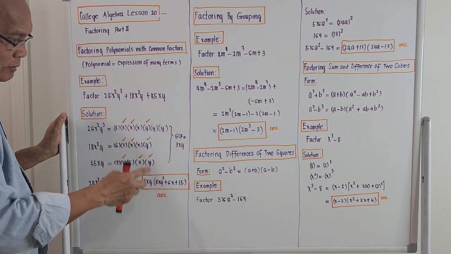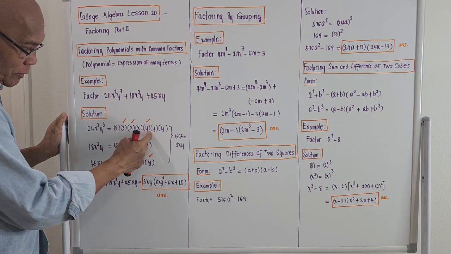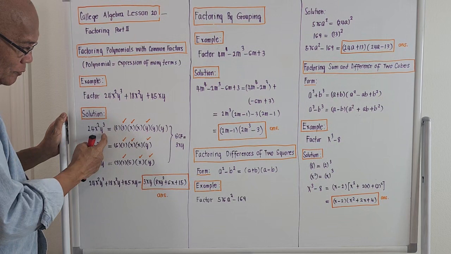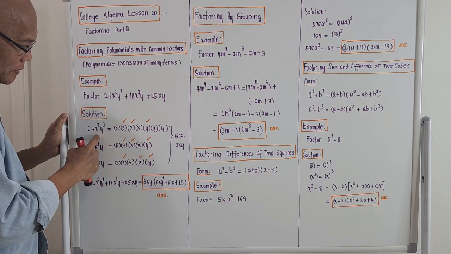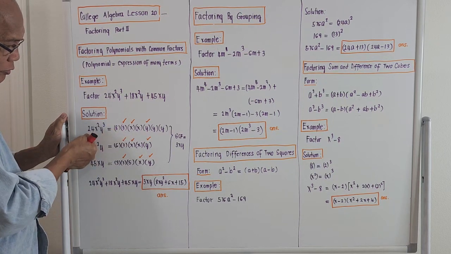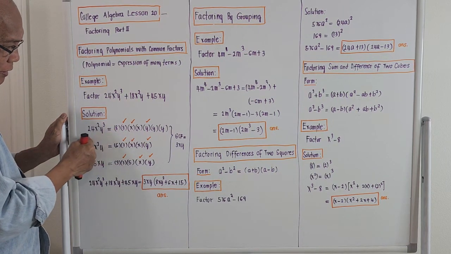By the laws of exponents, y multiplied by itself 3 times is y cubed, x multiplied by itself 2 times is x squared, and 8 times 3 is 24. So this term can be written as this.